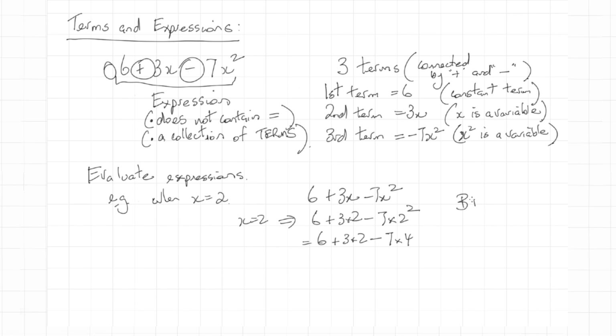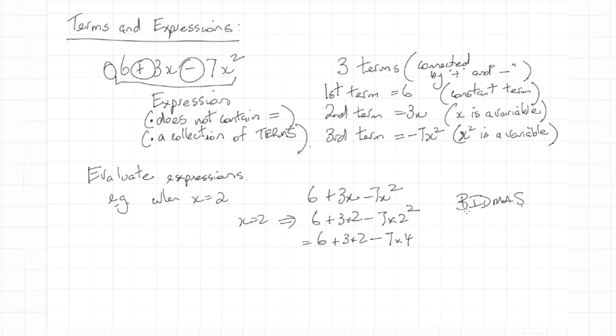So using BIDMAS, there are no brackets, but we've got indices, so we do the indices first. Then we do division or multiplication as they occur left to right, so we go 6 plus 6 minus 7 4s are 28.